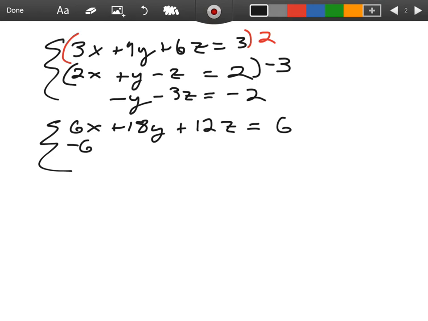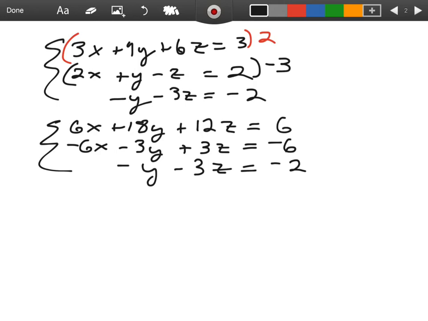Then we have negative 6x minus 3y plus 3z equals negative 6. The bottom equation stays the same. When I add these two together, I'm replacing the second equation.